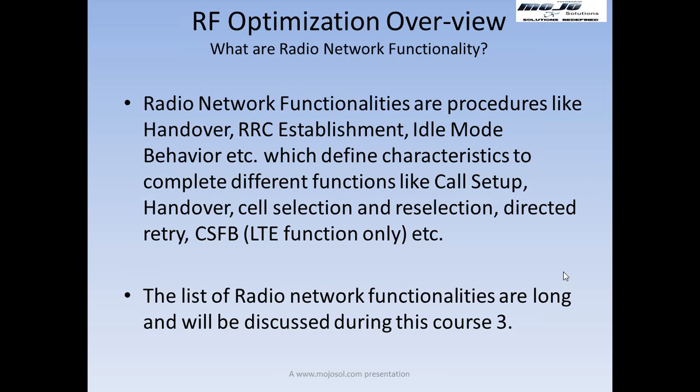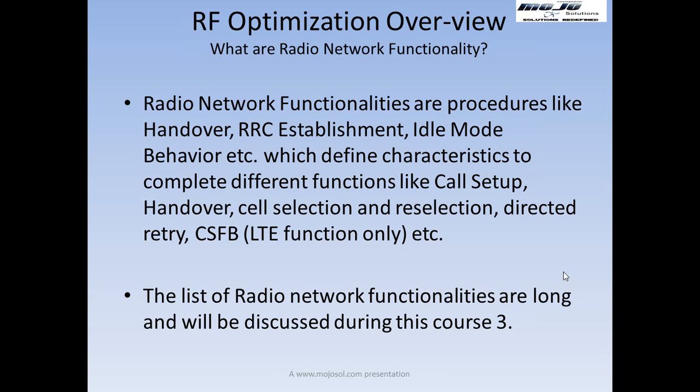In UMTS, video calls are CS64 calls and the voice call is a circuit switch call. In LTE, that's not the case. Everything is IP. Of course, the air interface is different, but with respect to radio network functionalities, that is what I said.